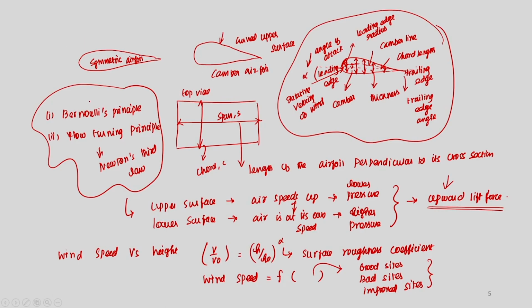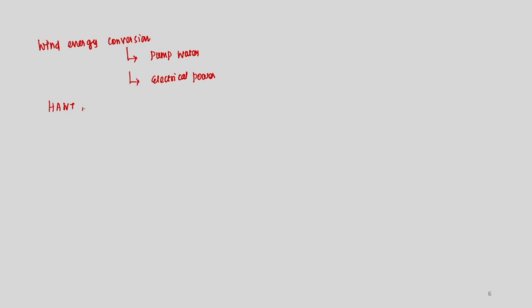So, as far as this course is concerned, we had seen one is to use wind energy to pump water and the other to convert to electrical power. Right. So, in that line we had seen horizontal axis wind turbine, because here we introduced these terminologies, but we had seen in detail horizontal axis wind turbine and vertical axis wind turbine.